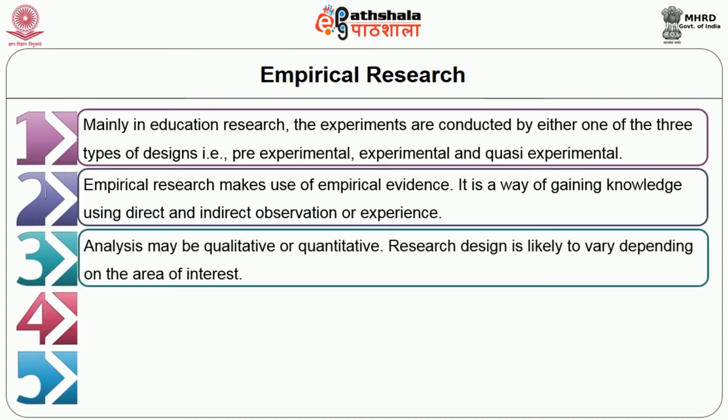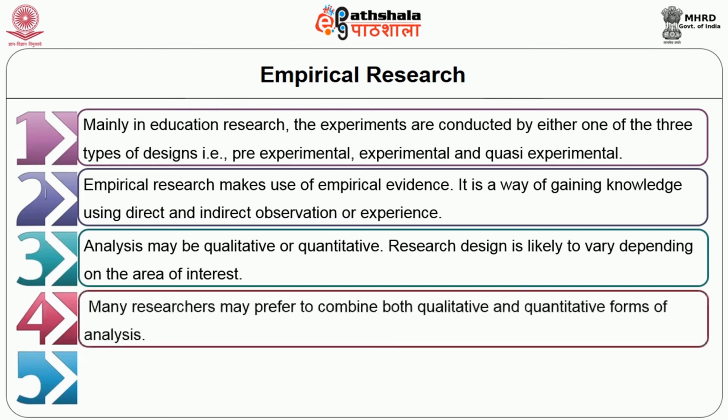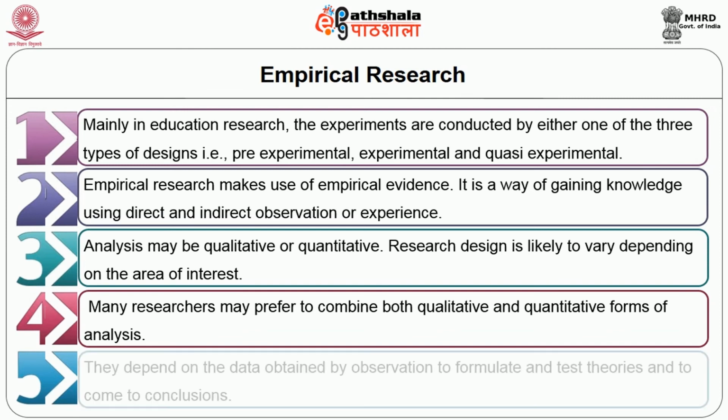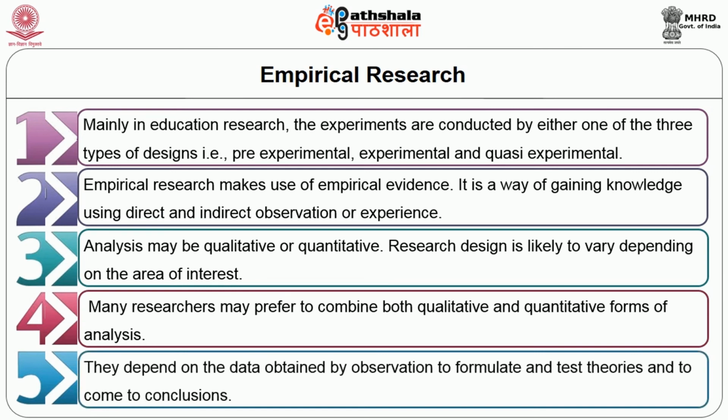Analysis may be qualitative or quantitative. Research design is likely to vary depending on the area of interest. Many researchers may prefer to combine both qualitative and quantitative forms of analysis. They depend on the data obtained by observation to formulate and test theories and to come to conclusions.